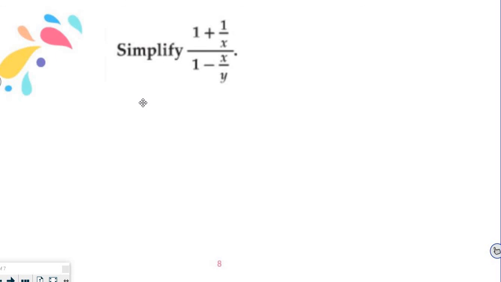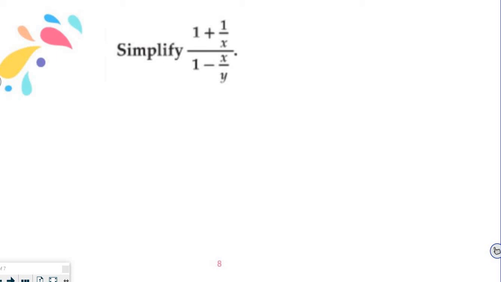So we can't do our keep change flip until it looks like what we had on Monday, where it's just a bunch of divisions stacked up on each other, right? So that's where we're going to have to combine these in order to be able to rewrite it.